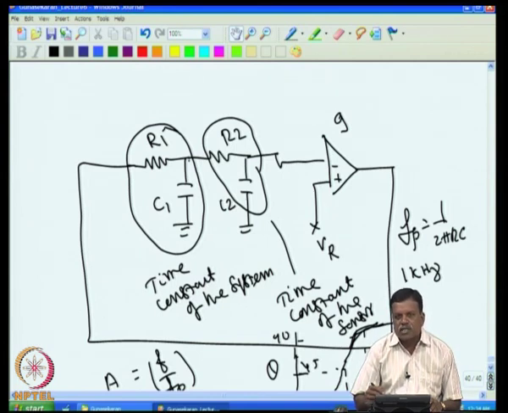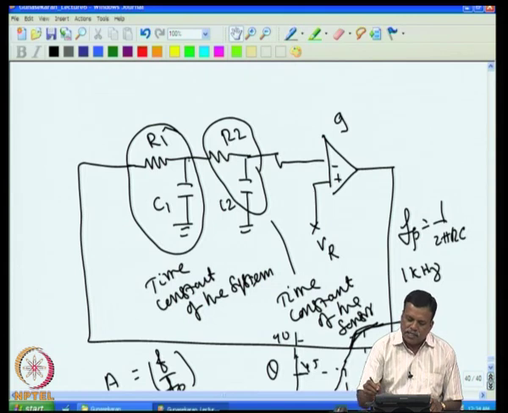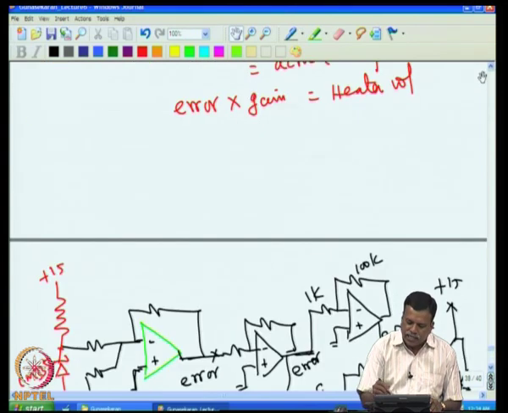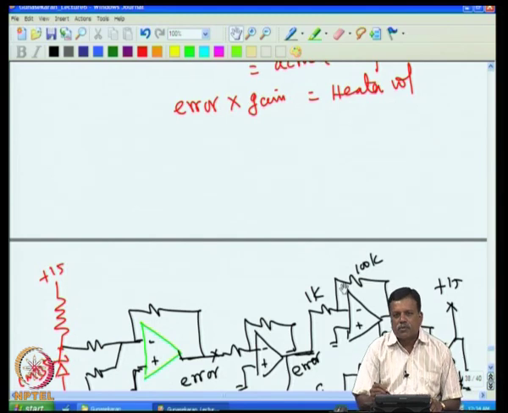Many of the textbooks actually ignore this, and then they create a continuing doubt in the minds of students. What we have to understand is that, for example, if the system time constant is 100 and the sensor time constant is 1, and the gain required is not more than 100, and if I put in 100 gain, you will find the system is not working properly, because the gain of 100 we are told about there is a temperature gain, not the electronic gain.